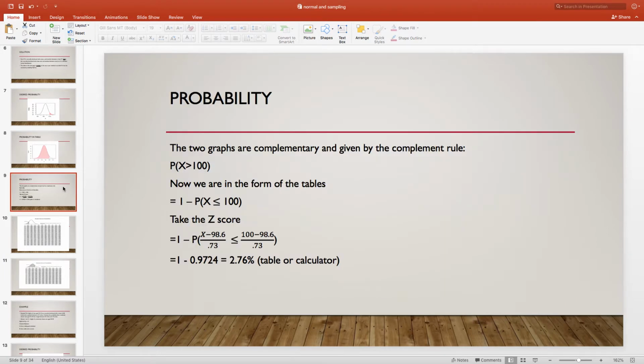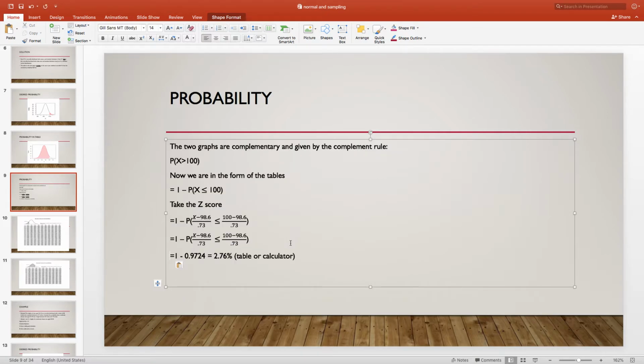Now, if you wanted to calculate this number, you could do that using this table. And the z-score that you get, so let's just calculate this z-score, would be 1.91.